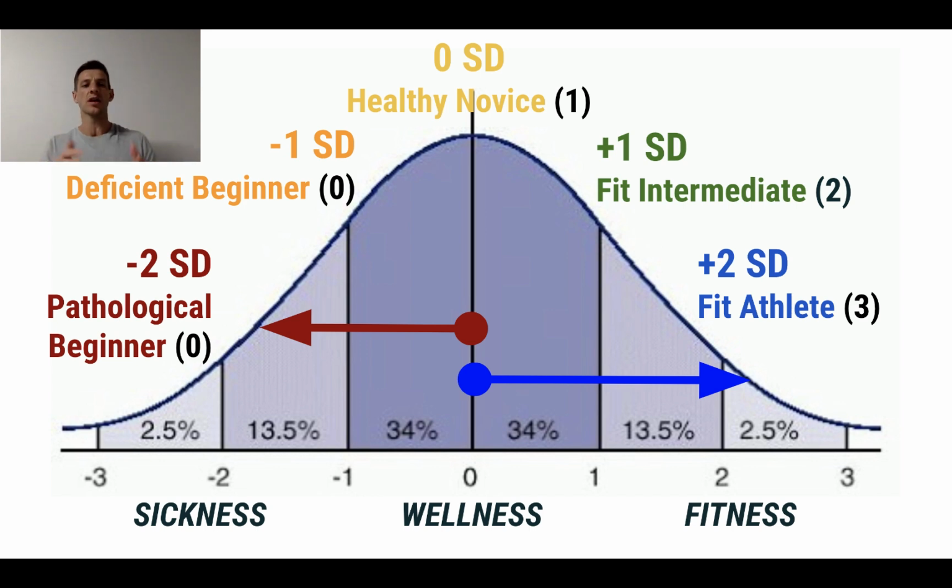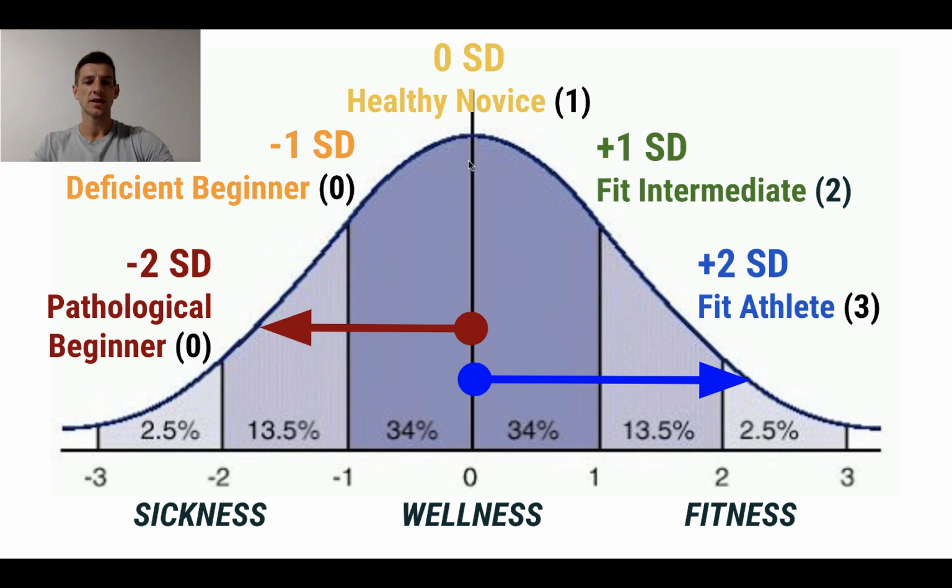So he's just healthy, hovering here in the middle. But presuming he started exposing his body to a particular healthy stimulus, he would start to become fit, and eventually he'd move all the way to 1 standard deviation away from this healthy mean, what we would call the fit intermediate. And if he pushes that along further, he would eventually get to what we call the fit athlete.